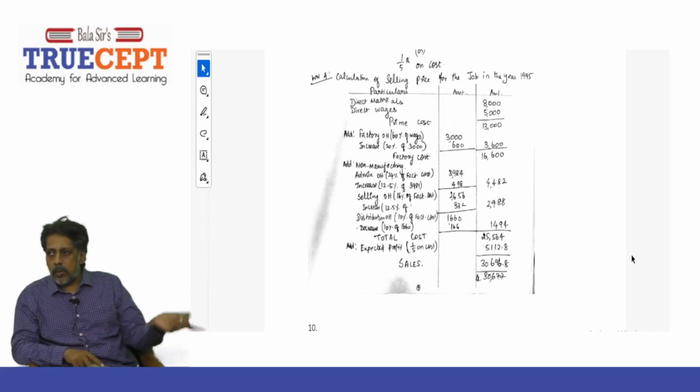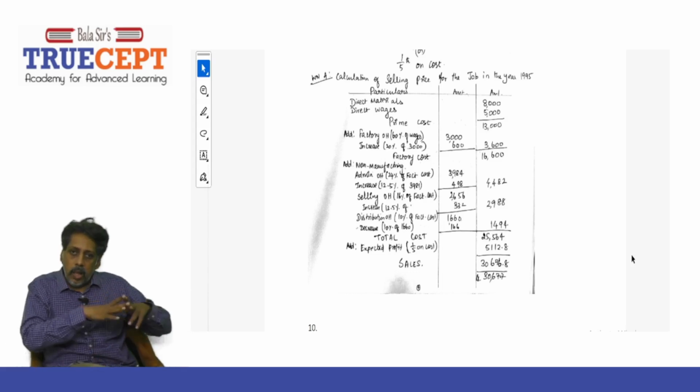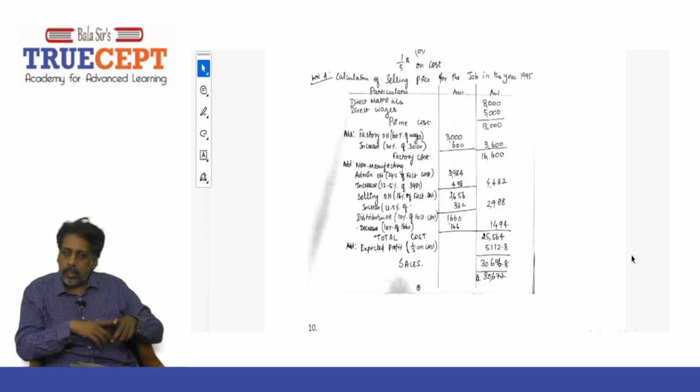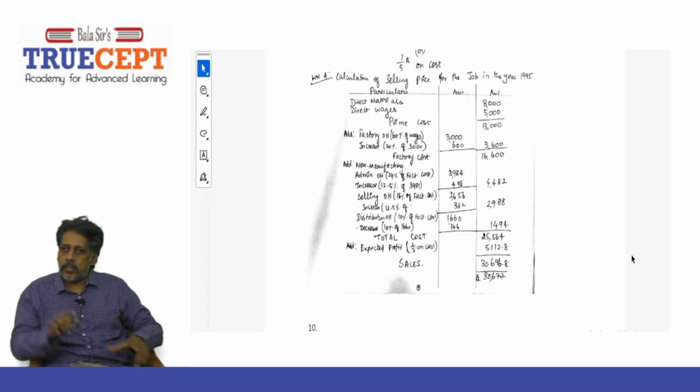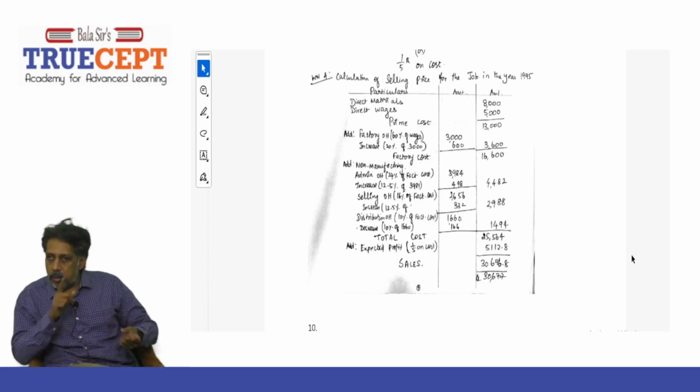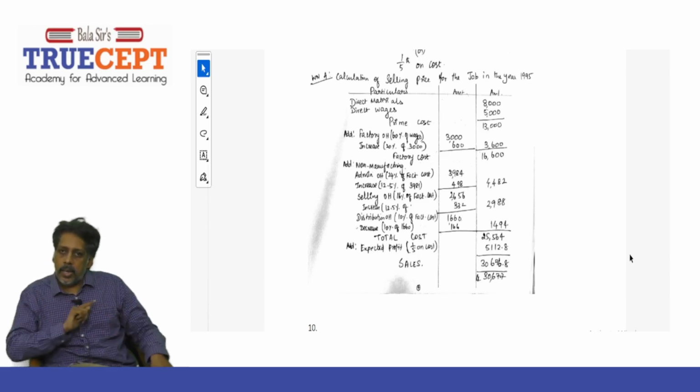But it's given in the question that the rate or the amount of factory overheads has increased by 20%. 20% inflation. So what do you do? 20% on 3,000, how much? 600. Adding both, 3,000 and 600. You know what mistake people make?